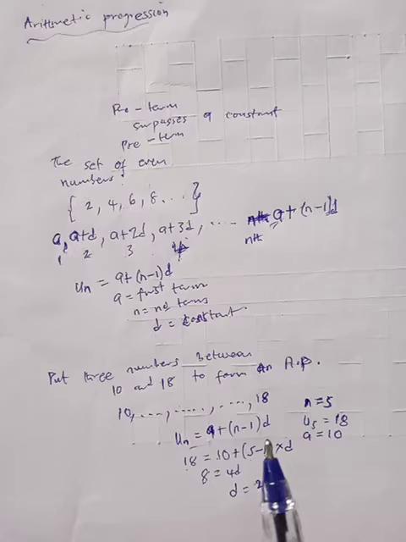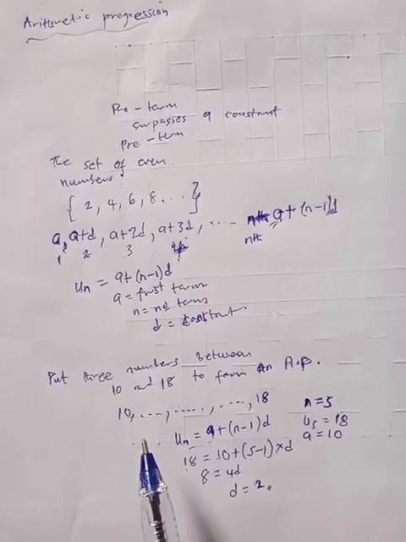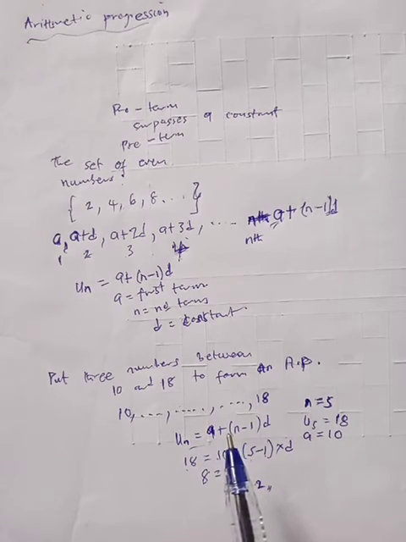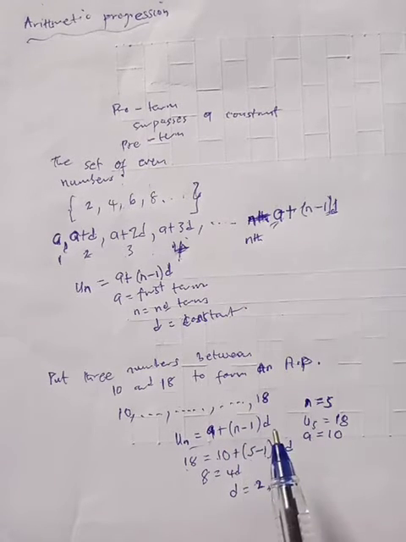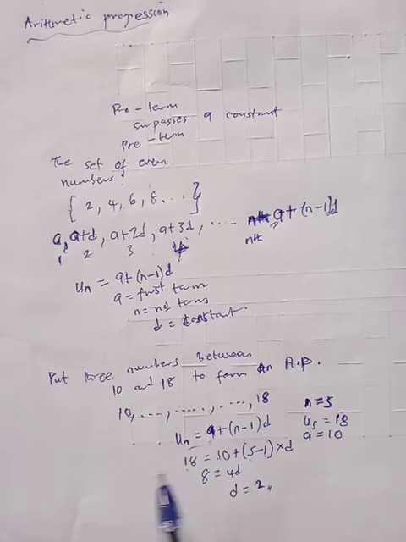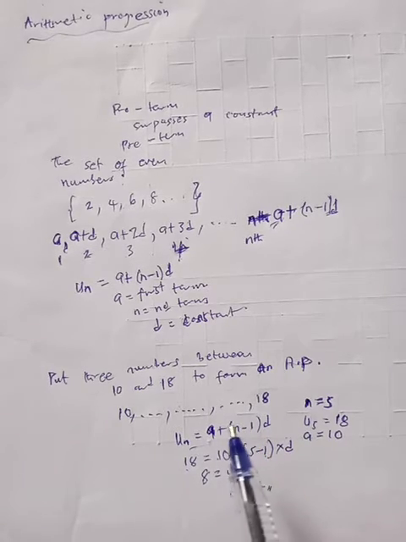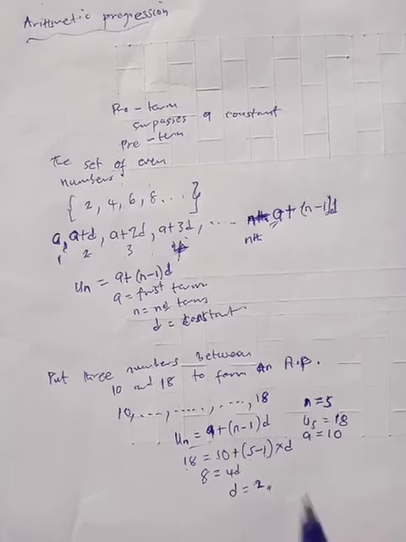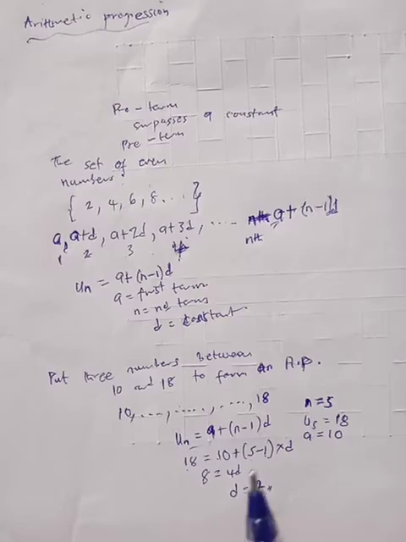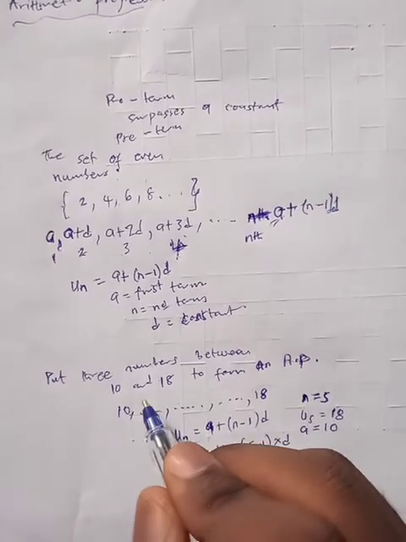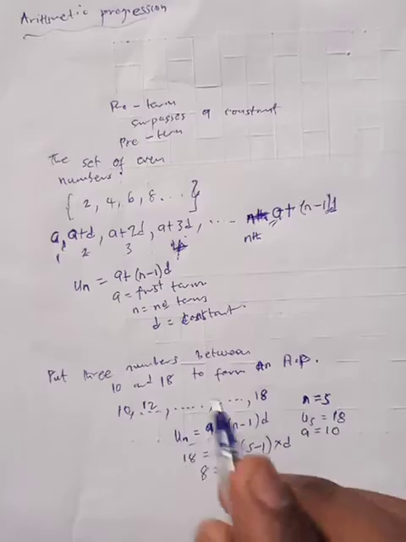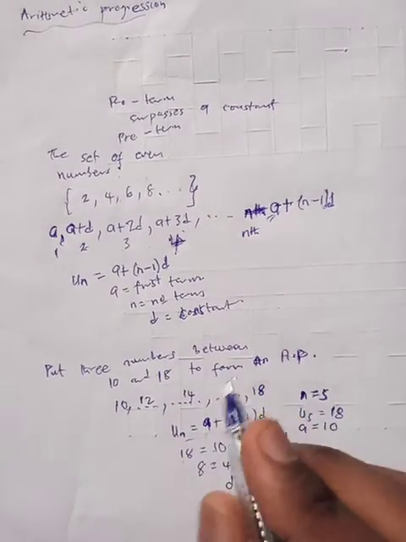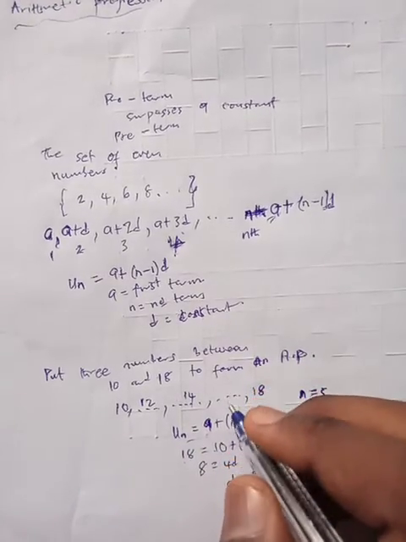In order for you to know that, compare the first term to the last term. So looking at the 10 and the 18, which one is the greater? The last term, of course, which is 18, is greater than the 10. That means that from 10, when we are moving to the next term, we need to add 2. So when you add 2 to 10, what will we get? We will get 12. When we add 2 to 12, what will we get? 14. Then when we add 2 to 14, what will we get?